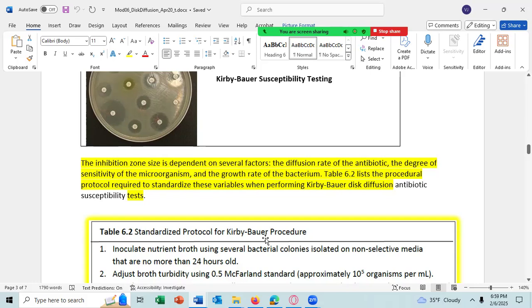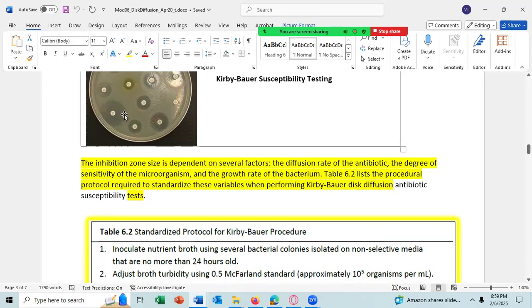All right, let me restate that the zone size is dependent on several factors. Obviously, it is dependent on how sensitive the bacteria is to the antibiotic, but it's also dependent on the diffusion rate of the antibiotic. A smaller molecular weight antibiotic will diffuse further and have a larger zone of inhibition.